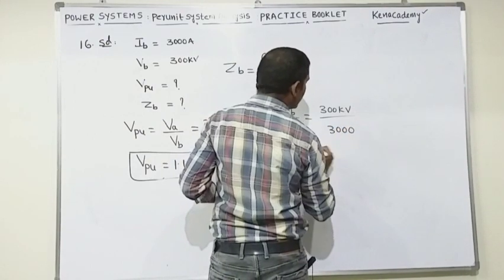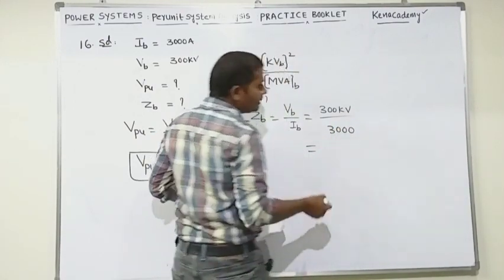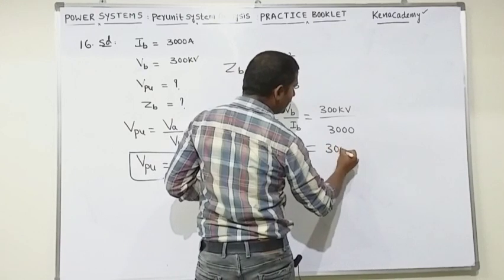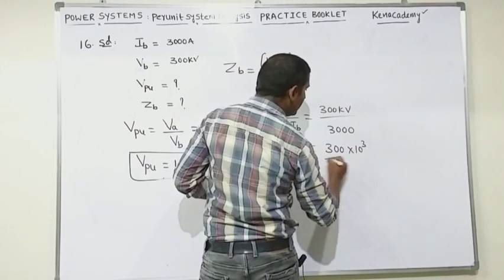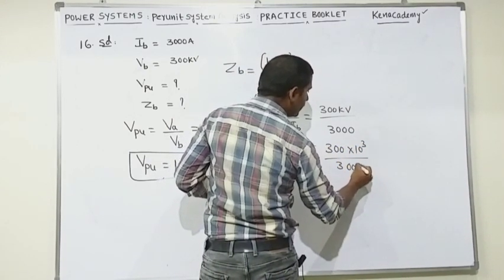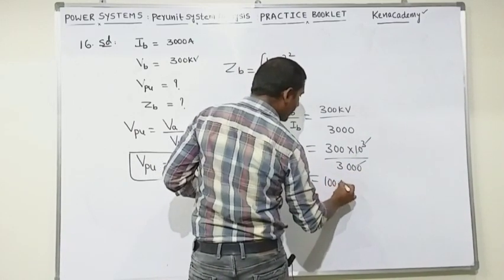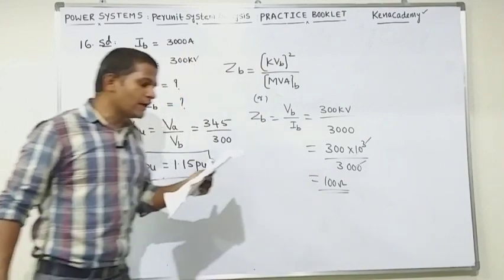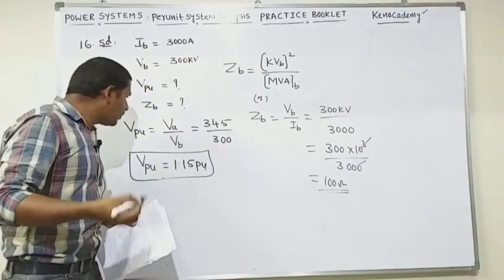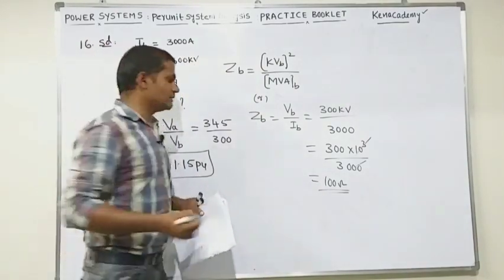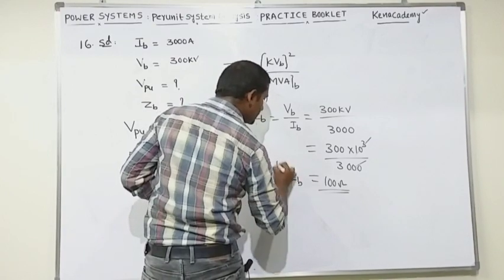So 300 into 10 cube by 3000, the 3 zeros cancel. We get 100 ohms. 100 ohms is the right answer, this is the base impedance.